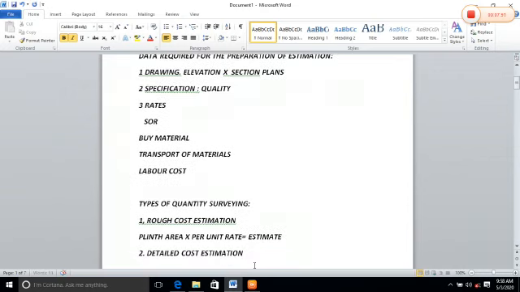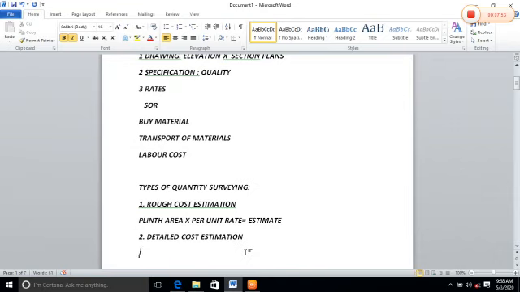And in detailed cost estimation, we find step by step quantity of all materials required in step by step work.